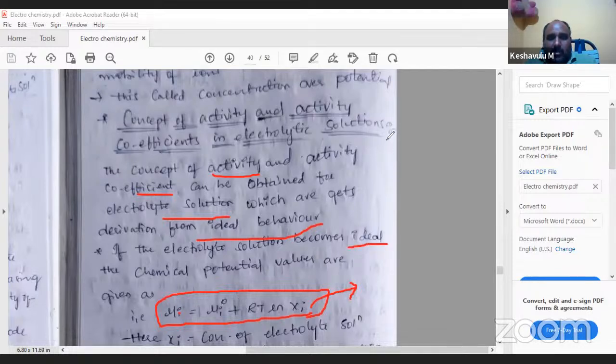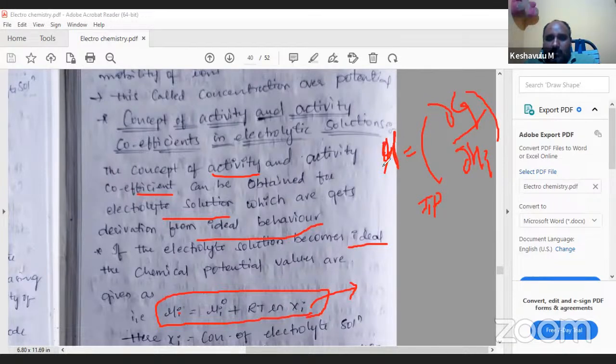So what is the chemical potential? The chemical potential mu can be written as the change of free energy, dou G by dou Ni, at constant temperature and pressure. The change in free energy of the system with respect to composition at constant temperature and pressure we call the chemical potential.